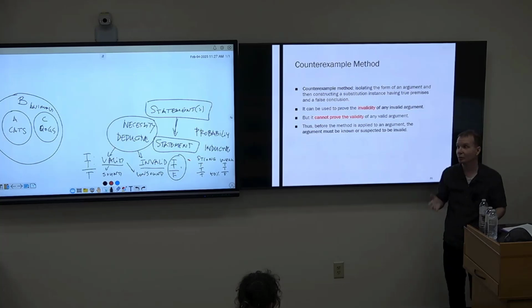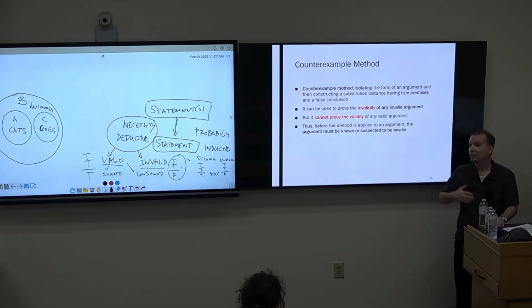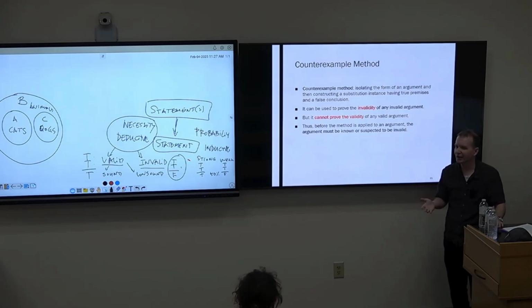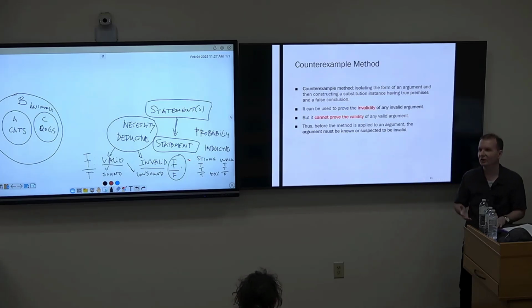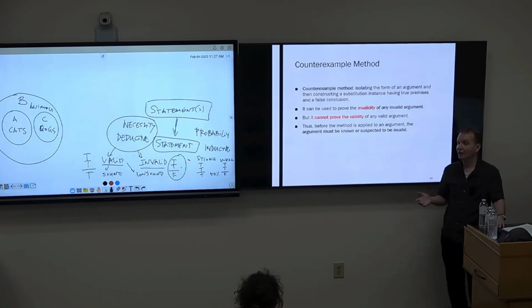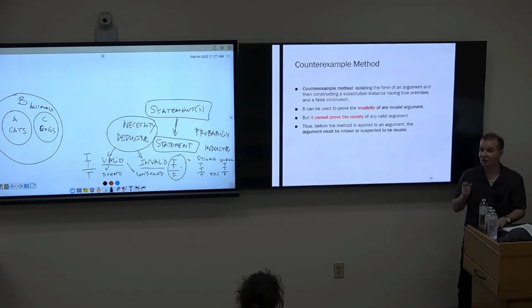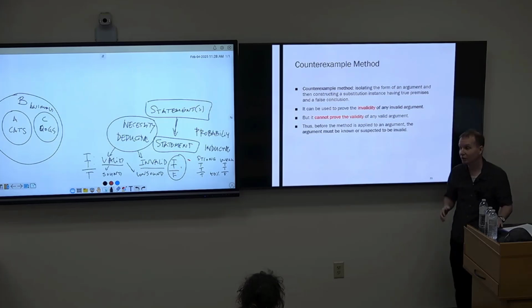You cannot use it to prove an argument valid. You can only prove an argument invalid. So, in other words, you should already suspect that your argument is invalid in order to use this. If you suspect your argument is invalid, you can prove it invalid by simply finding this combination where the premises are very clearly true and the conclusion is just as clearly false.